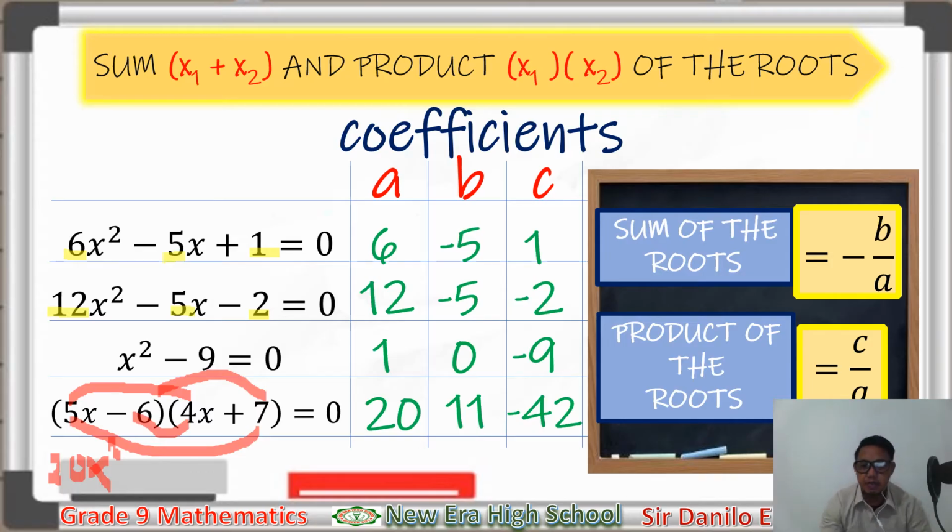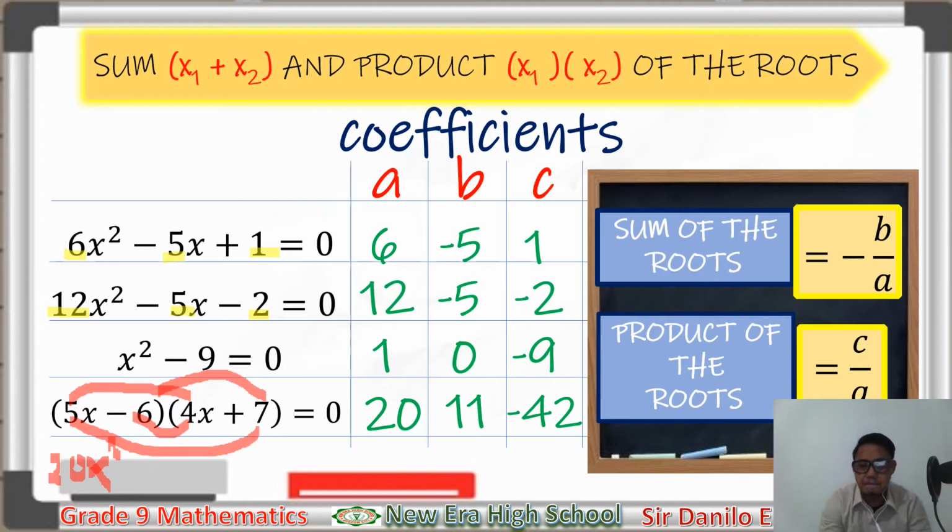Ang ating product of the roots naman is c over a. Don't forget, kailangan natin ito. Formula, remember that. Without solving, by just looking at the numerical coefficients of your quadratic equation, ma-identify na natin kung ano yung magiging sum of the roots mo at saka product of the roots mo.